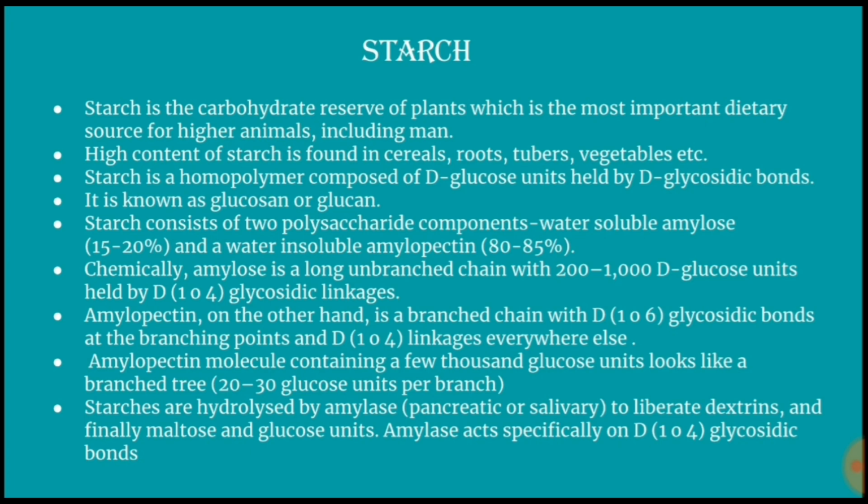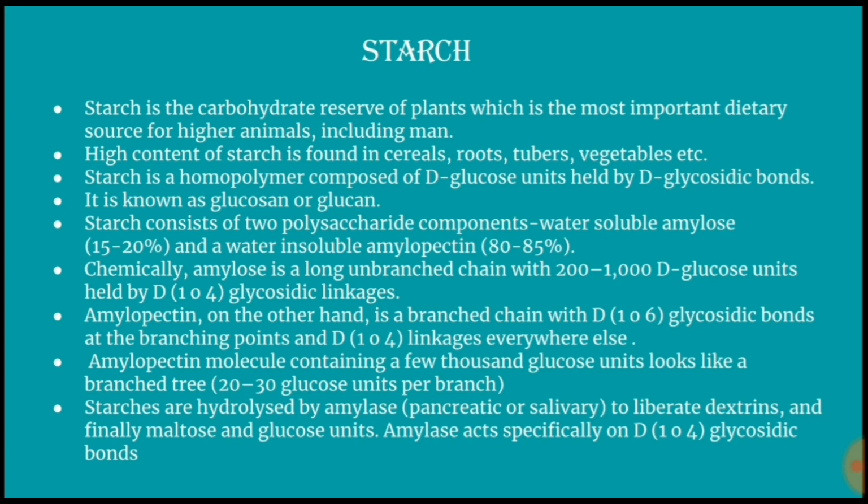So how is starch hydrolyzed? How is starch broken down? Starch can be hydrolyzed by amylase, that is in pancreatic juices and salivary juices. Amylase breaks down and liberates the molecules dextrin, maltose, and other single monosaccharide glucose units.